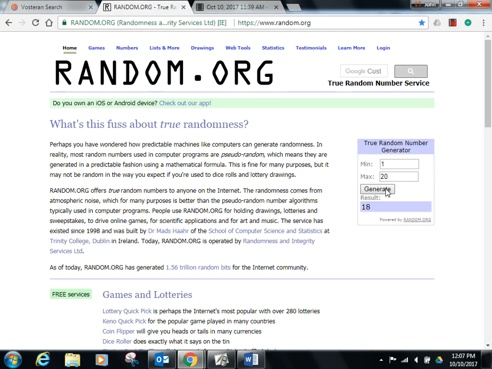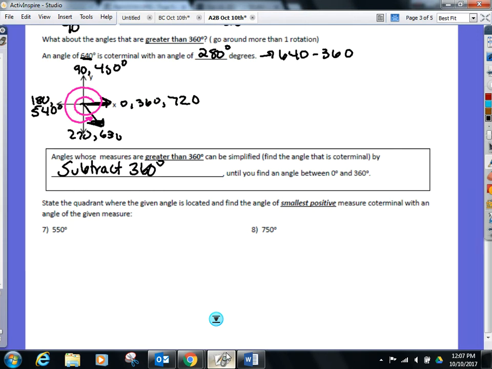What quadrant first? Third quadrant. Got it. And what about an angle that shares the same terminal side as it? 190 degrees. Nice job. Good so far.